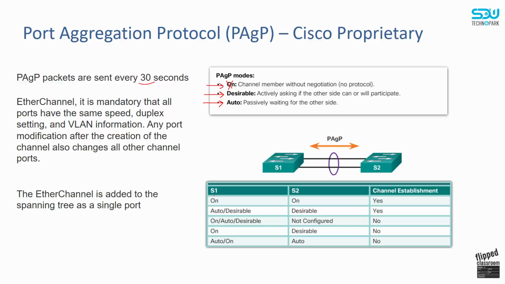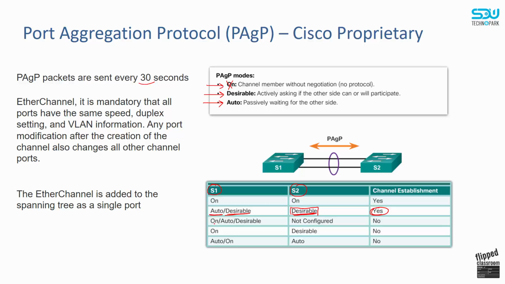Here we have a table showing that when we have 2 switches, switch 1 and switch 2, and you configure auto or desirable on one side and desirable on the other side, then you will have establishment of your EtherChannel. If from one side you have desirable and from the other side auto or desirable, then they will have establishment of the channel.